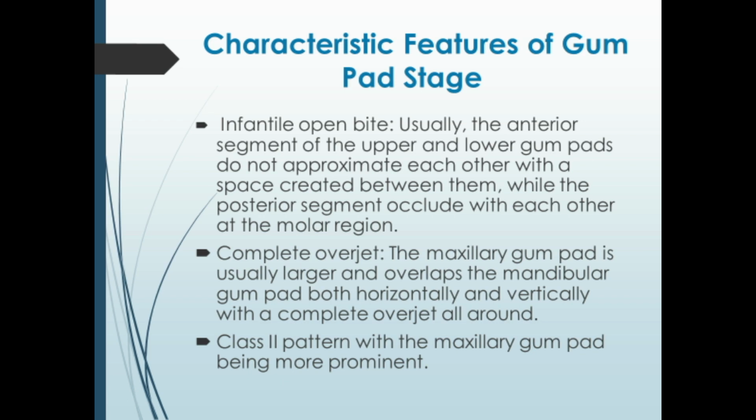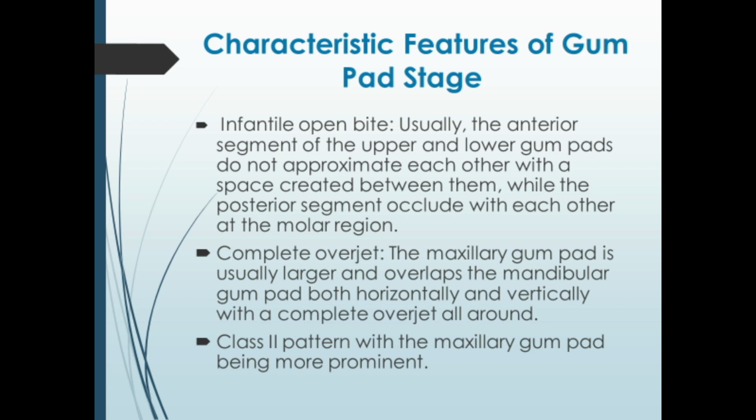Characteristic features of gum pad stage. Infantile open bite: usually, the anterior segments of the upper and lower gum pads do not approximate each other, with a space created between them, while the posterior segments occlude with each other at the molar region.